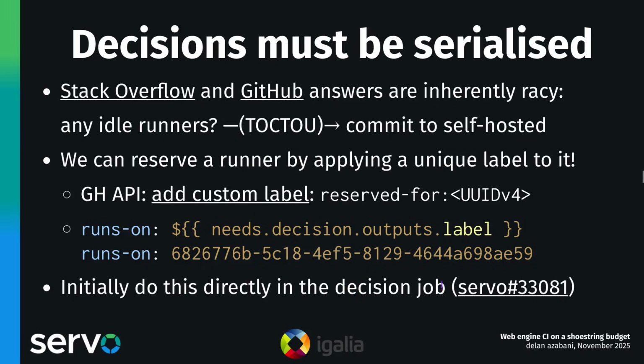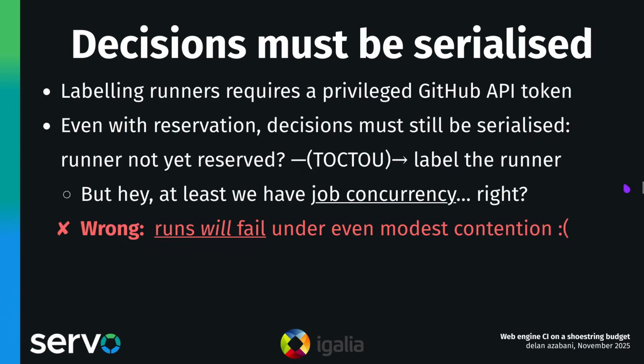And so at first, we did this inside the decision job. There are some problems with this. One of them is that now the decision job has to have a GitHub token that has permissions to manage runners and update their labels. This is something we'd like to avoid if possible, because we'd like our jobs to have the least privilege that they need to do their work.